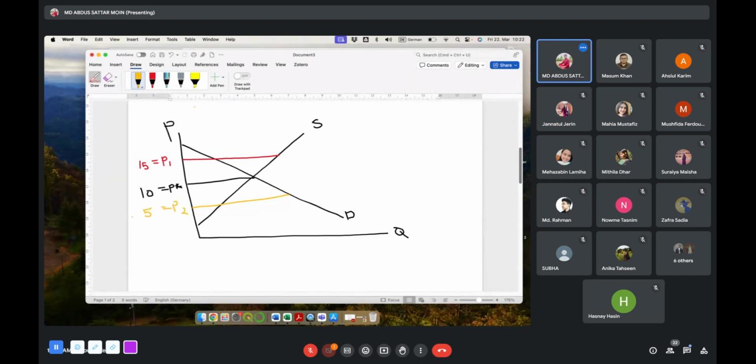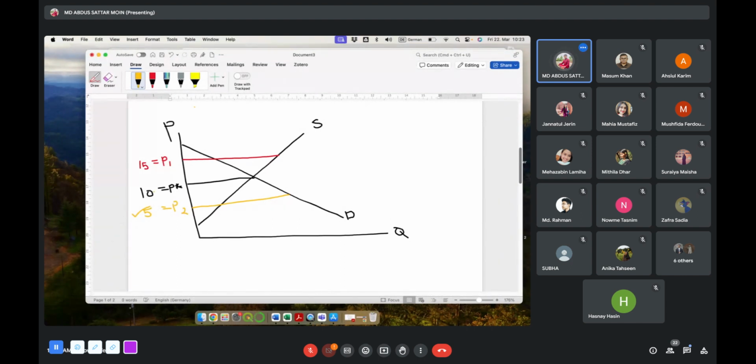Which means the product in the market, at the equilibrium price, consumer and producer are both willing to exchange at 10 taka, but government suddenly decides that no, the maximum price for this product will be 5 taka. Nobody can sell their product for more than 5 taka, or nobody is going to pay more than 5 taka. Then everyone has to follow this ceiling price.